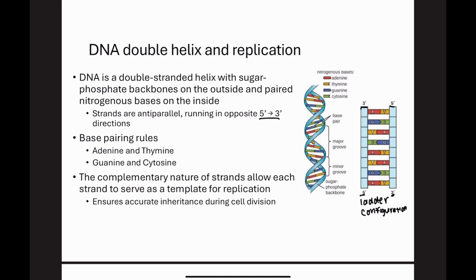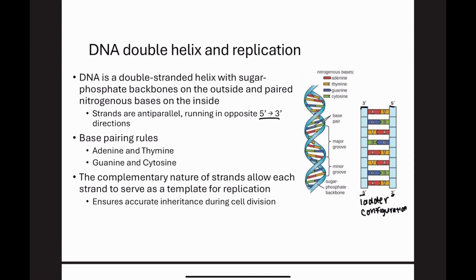But when it comes to replication, before cell division, each strand of this double helix is going to serve as a template, and that template is going to create a complementary strand. That complementary base pairing is what ensures that the genetic information is accurately replicated.